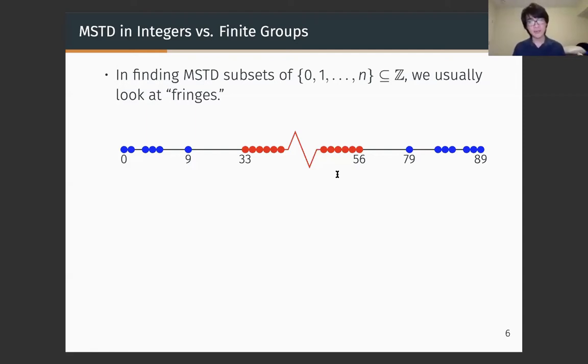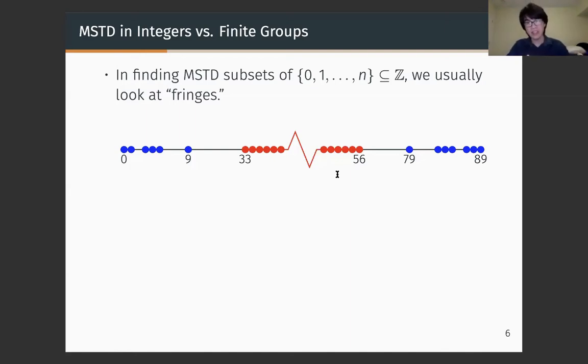In looking at subsets of the integers, we usually look at fringes, which consist of the left and right fringes, which we denoted as blue in the figure, and the middle elements, which we denoted as red here. So the more in the middle the elements are, the higher probability they have of being in a randomly chosen subset of the integers from 0 to n.